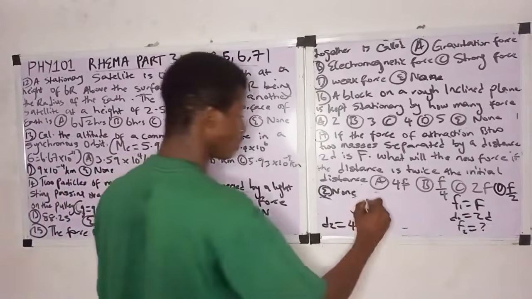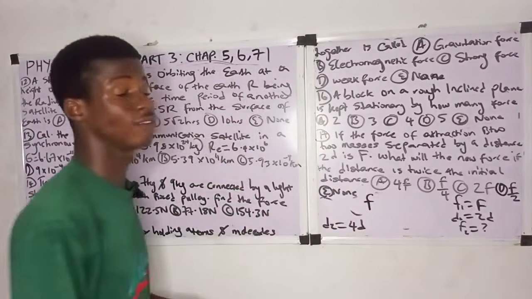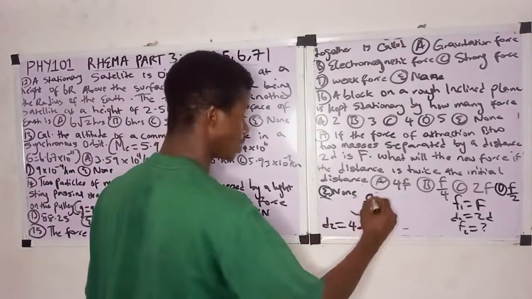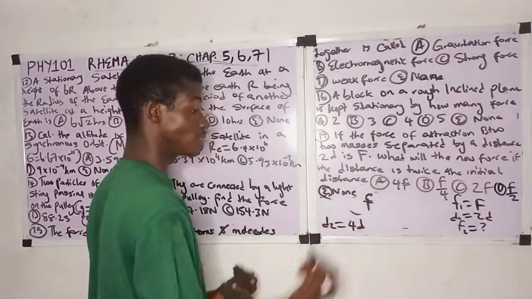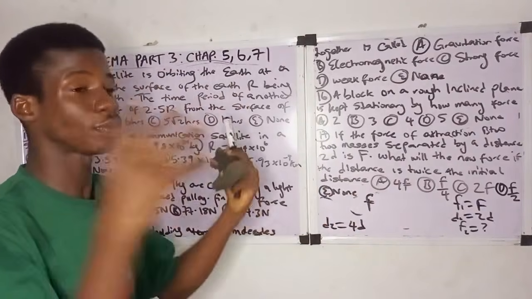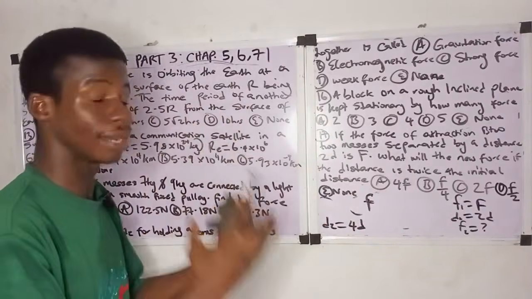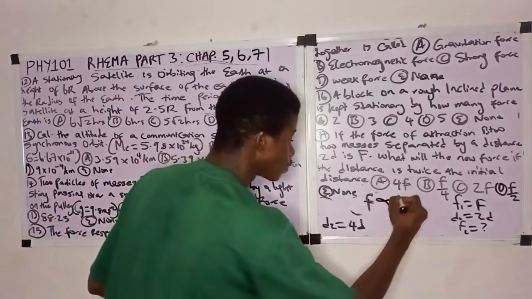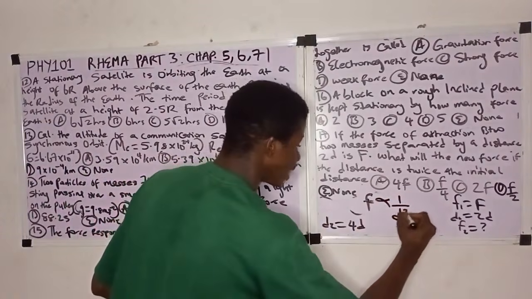Now remember that according to Newton's law of universal gravitation, the force of attraction between two objects is directly proportional to the product of their masses and inversely proportional to the square of their distance apart.